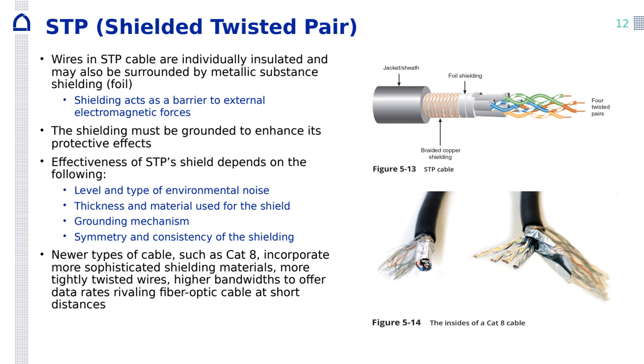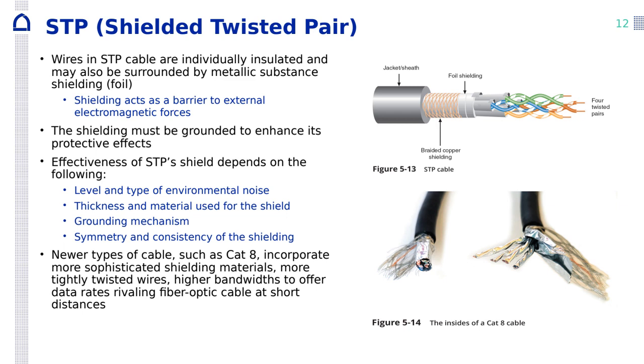Newer types of cables such as Cat8 incorporate more sophisticated shielding materials and more tightly twisted wires, with higher bandwidths to offer data rates rivaling, to compete with fiber optic cable. But don't forget, STP is more expensive than UTP.